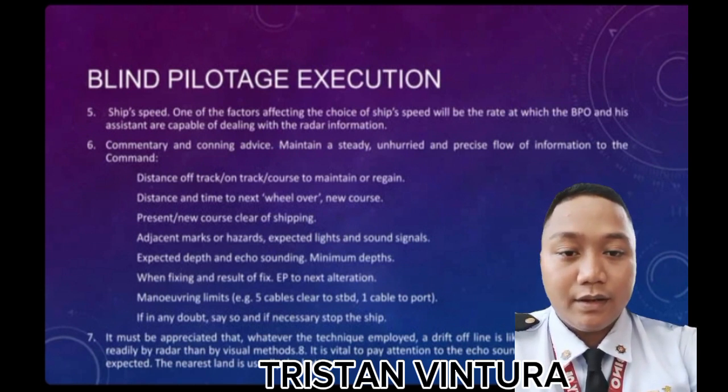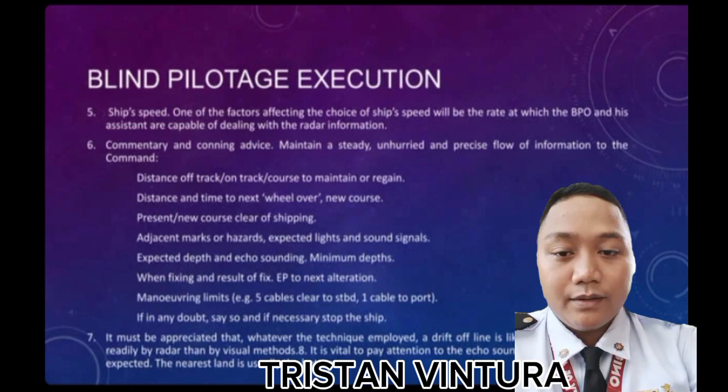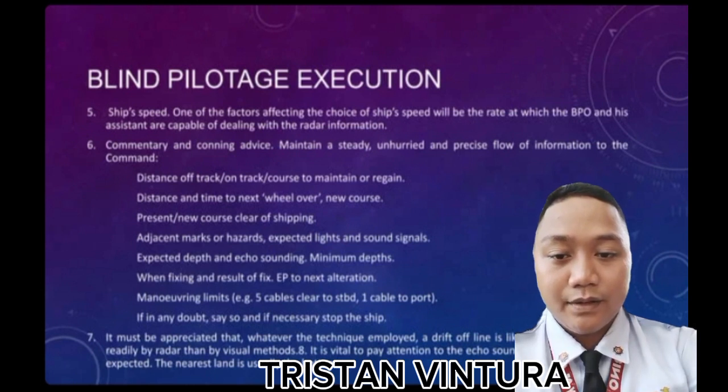Maintain a steady, unhurried, and precise flow in the information of the command. Distance off track. On track, course to maintain or regain. Distance and time to the next wheel over. New course and speed. New course, clear shipping. Adjacent marks or hazards.